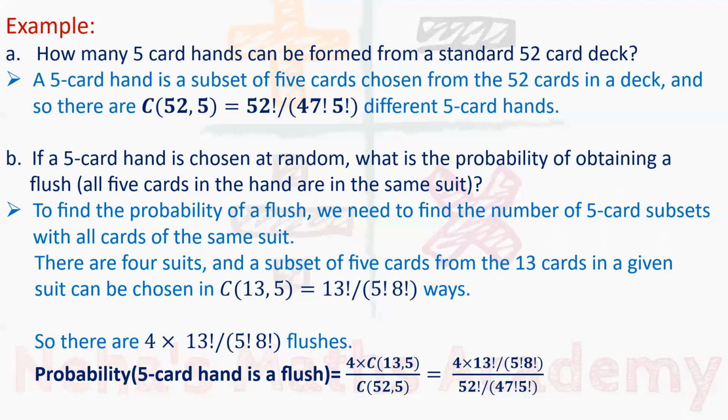This is our numerator. And the denominator is the total number of ways to select 5 cards from 52 cards. So our required answer is 4 into C(13,5) upon C(52,5). After expanding this, it is 4 into 13 factorial upon 5 factorial into 8 factorial, upon 52 factorial upon 47 factorial into 5 factorial.